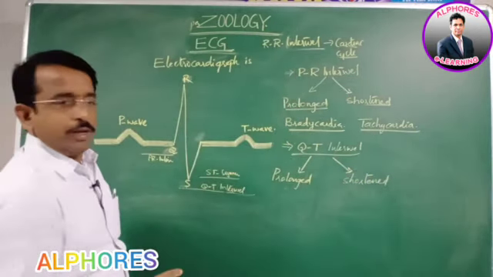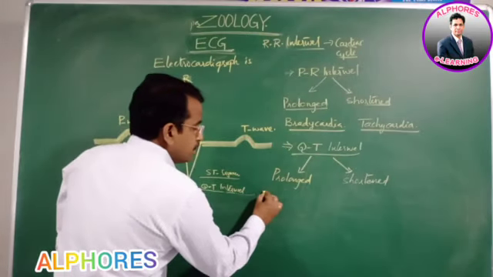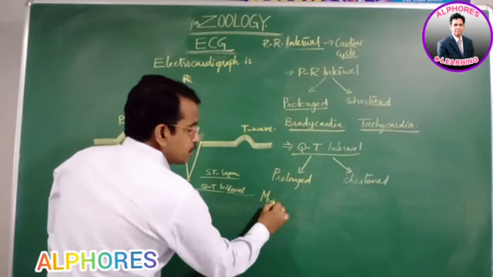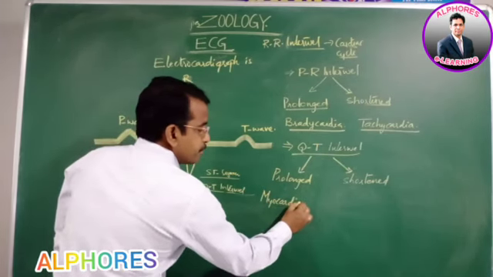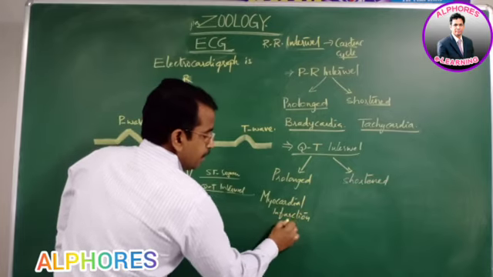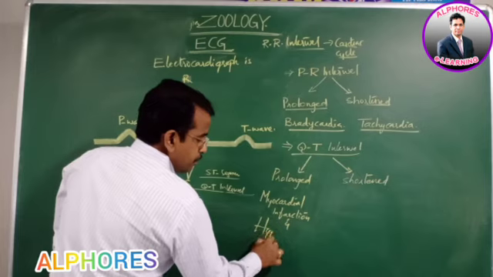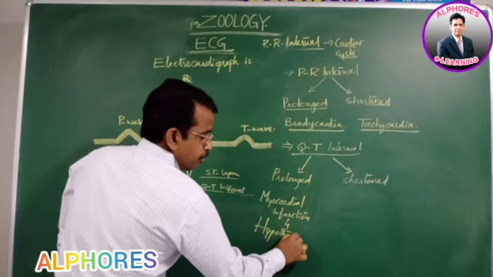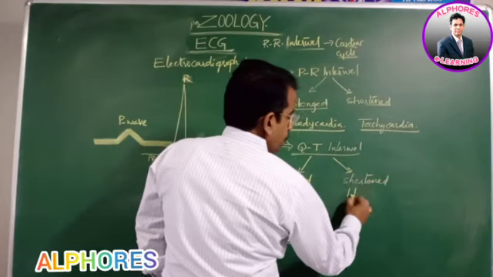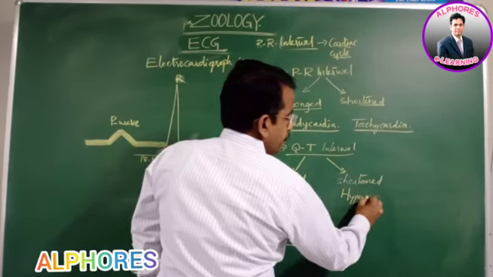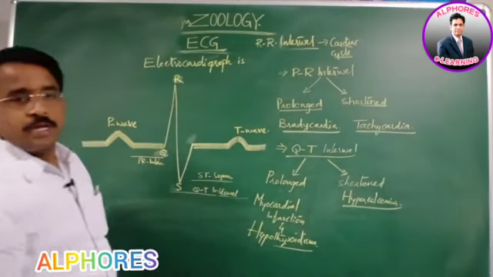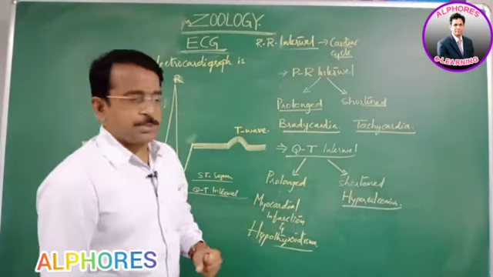Prolonged QT interval results in a condition named myocardial infarction, and hypothyroidism, and shortened QT interval results in hypercalcemia. So, let us see this.